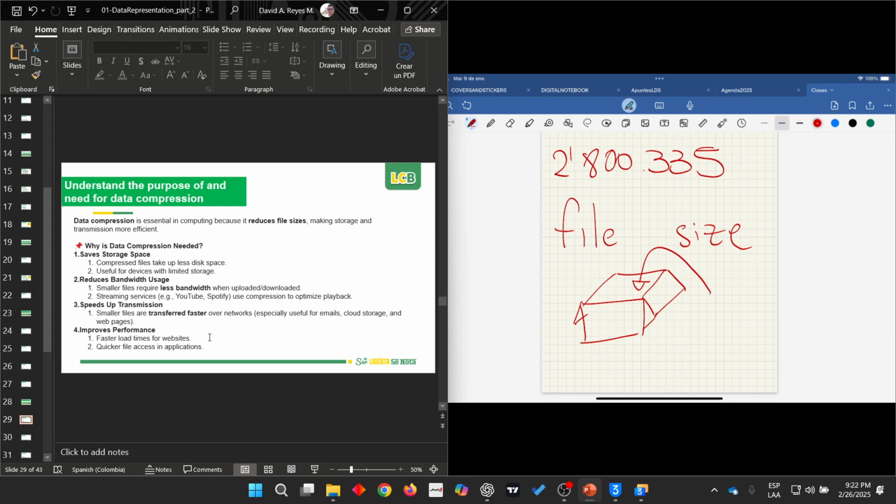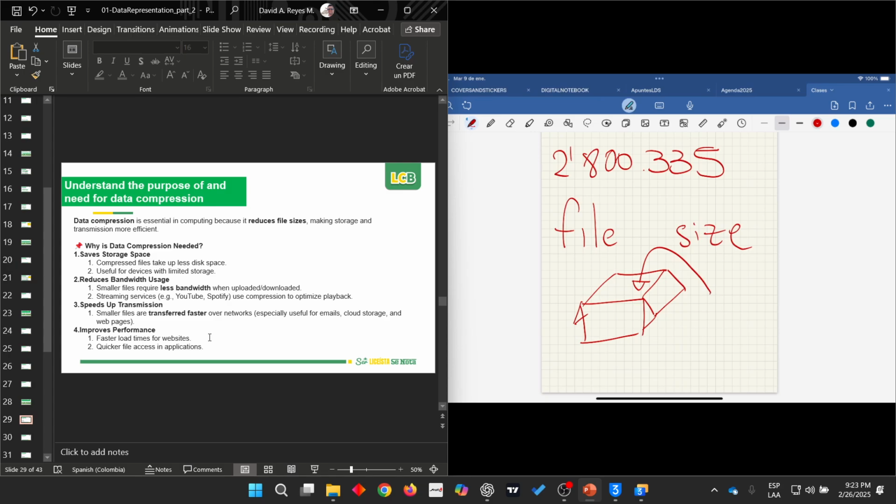And look at this one that says improves performance, faster load times for websites. Let's suppose that you are creating a website about makeup, and you are going to take pictures of all your products. If you put your original photos, those photos are going to be bigger, and when you load up images in your web page, the web page is going to load slow. So you need to compress your images to have faster image loading.